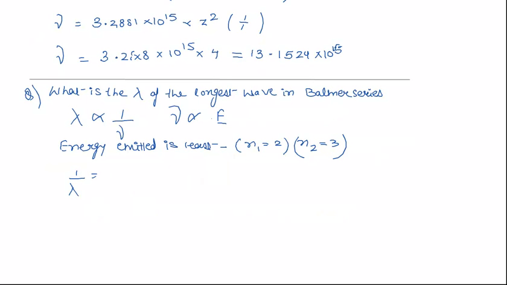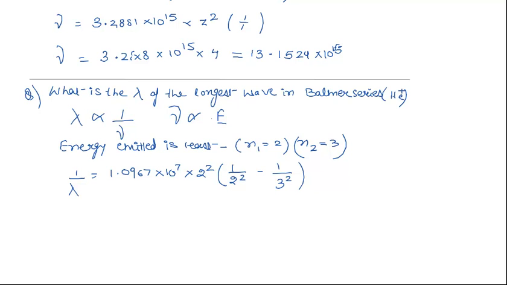Okay. Now let's solve this here. How can we do it? 1 by lambda is equal to 1.0967 into 10 to the power 7 multiplied by, it was for helium, right? So helium ion, I'm so sorry for that. So multiplied by 2 square, we'll take it for helium, that question was for lithium.